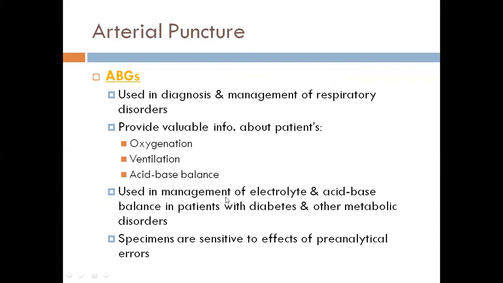Because ABG provides valuable information about the patient's oxygenation, when you collect arterial blood by arterial puncture there should be no exposure to air. Air contains oxygen, and if we collect in an aerobic manner, the presence of oxygen could affect the result of the partial oxygen that we measure to get information about the oxygenation of the patient.